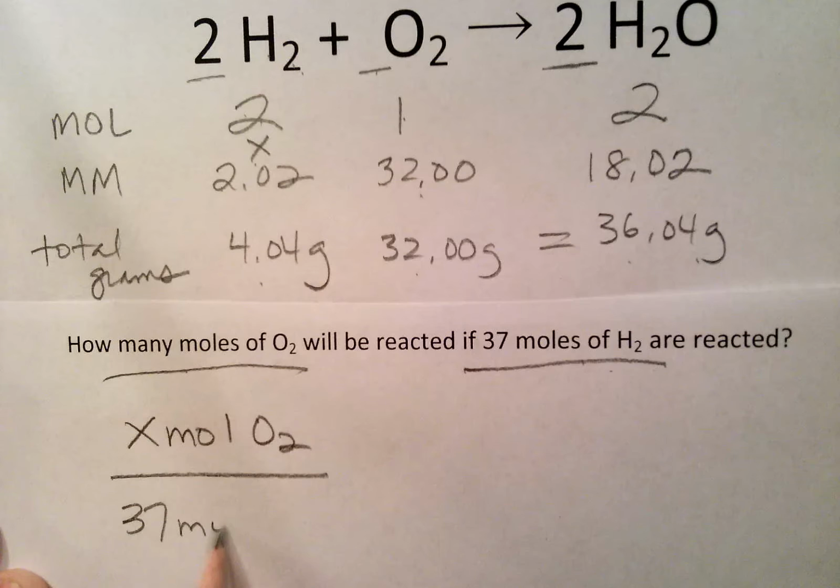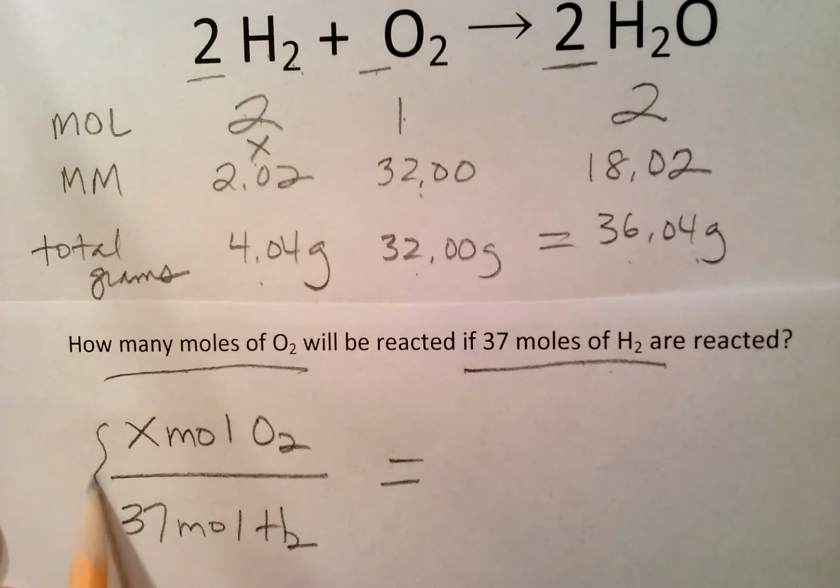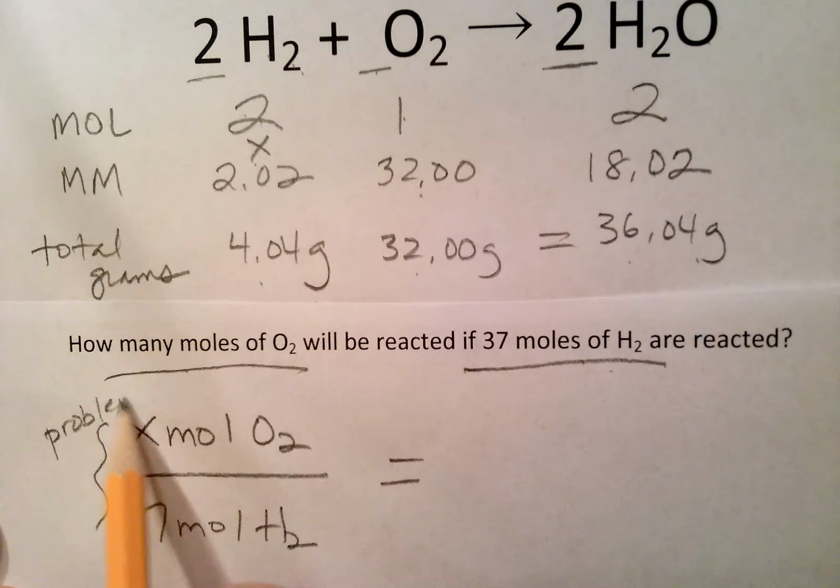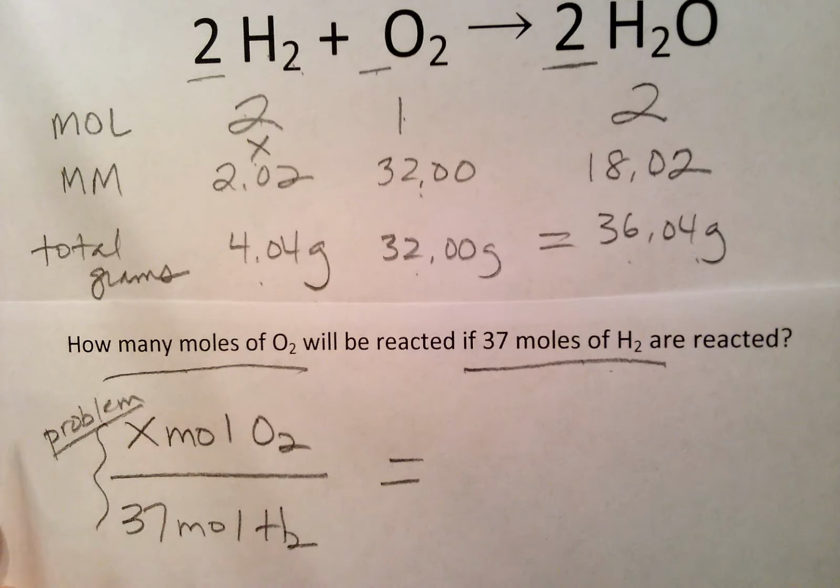Now we're going to set this equal. It's important to remember that everything here comes from the problem itself: moles of O2 and 37 moles of H2. The other side is going to come from the equation and all the information that we've gotten from the equation.